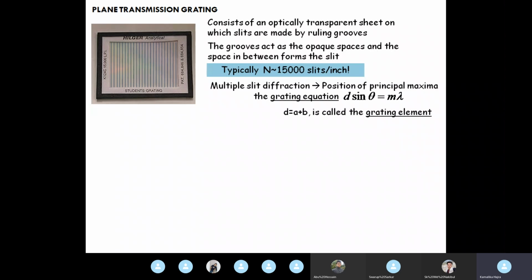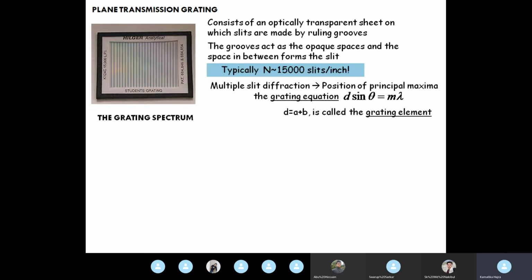Okay, so if you are given a grating and said that this particular grating has a grating element of so and so, then you know that they are giving you the value of d equal to a plus b. Okay, and they will also give you the value of N for a particular grating. Now let us see what the grating spectrum is.